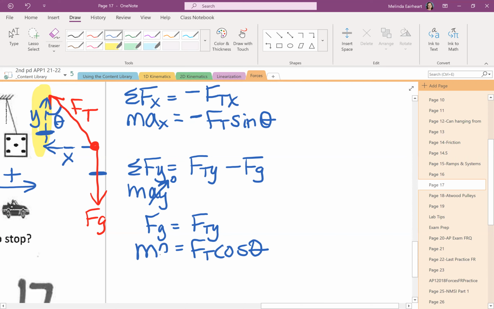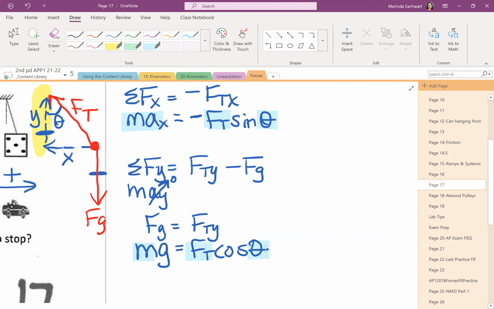What is equal to FG as well? MG. And so notice, look at all these unknowns. I don't know the mass. I don't know the acceleration. I don't know the tension. I don't know the angle. Oh my gosh, how in the world are we supposed to solve for this, right? Well, look at your other statement. We don't know mass, we don't know tension, we don't know theta. Well, let's try to eliminate some of those, right? They both have tension, and for sure we don't know the tension force.